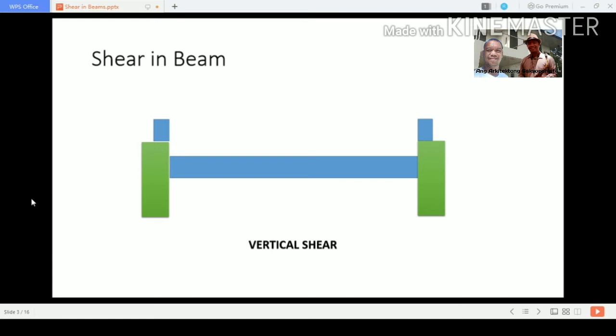So to find the magnitude of the vertical shear at any section in the length of the beam, simply add up the forces to the right or the left of the section, and it follows that the maximum value for the shear for simple beams is equal to the greater reaction.